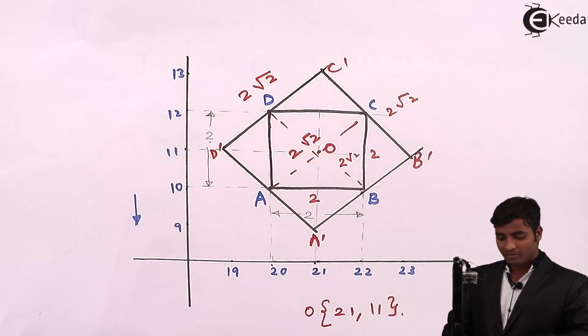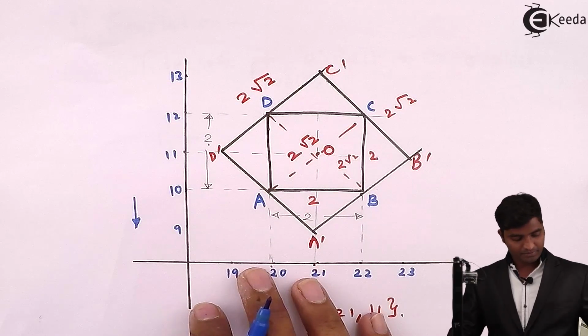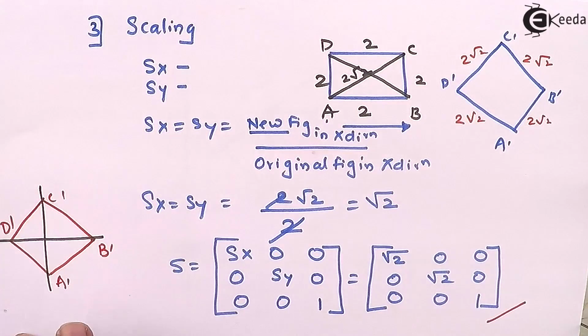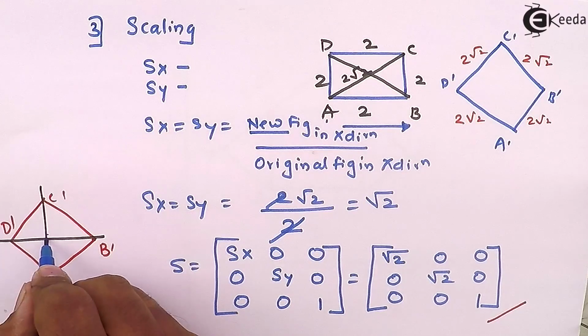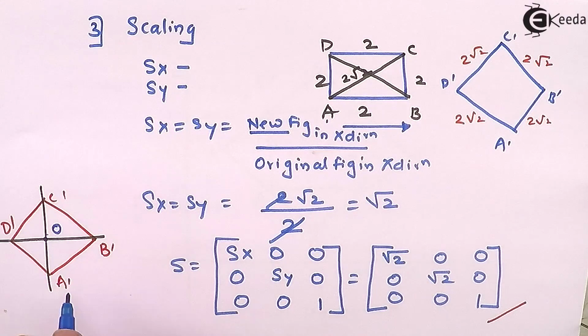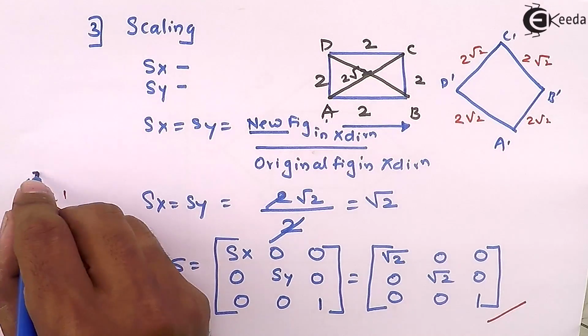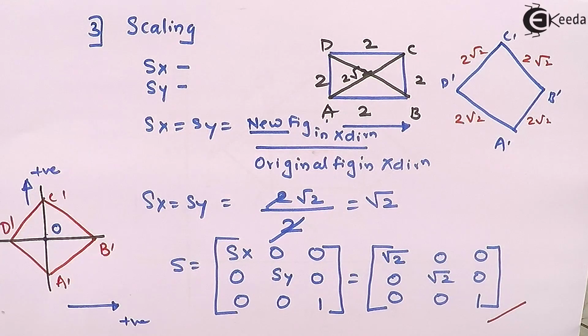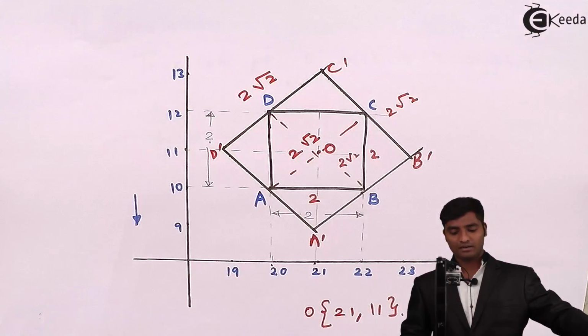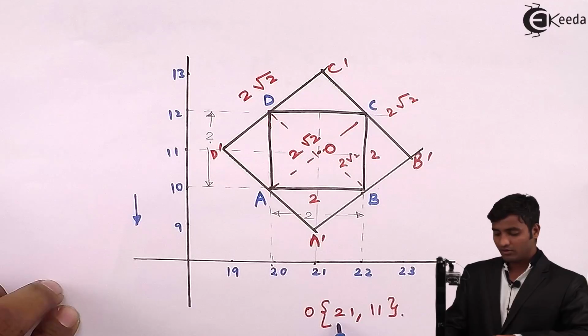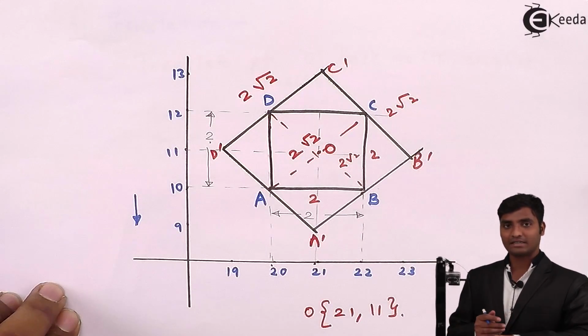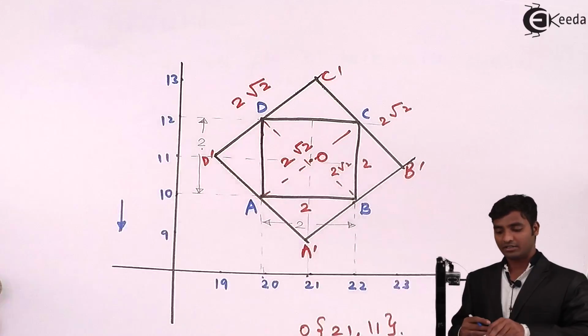After performing scaling, the figure is here, so the center O is here. I have to place it back to its original position, which means I have to go in the positive direction, that is, to the right, and I have to go in the upward direction. Both are positive translations. So we have to move 21 units in x direction and 11 units in y direction.